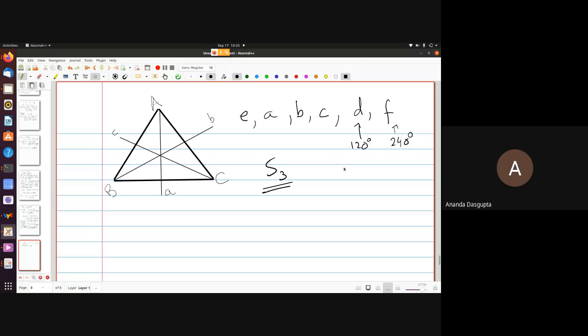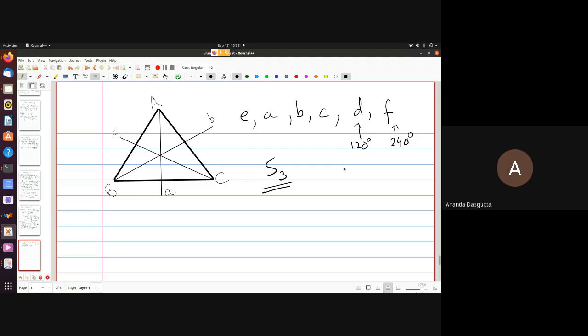Now, what we want to do is figure out a representation of S3, a matrix representation of S3. Why do we know that we can find a matrix representation of S3 here? Basically because we know that all the elements of S3 leave the plane R2 unchanged, right? You do identity to the plane R2, it of course stays unchanged. If you do A, some elements of R2 move to some other elements, but the plane as a whole stays unchanged.